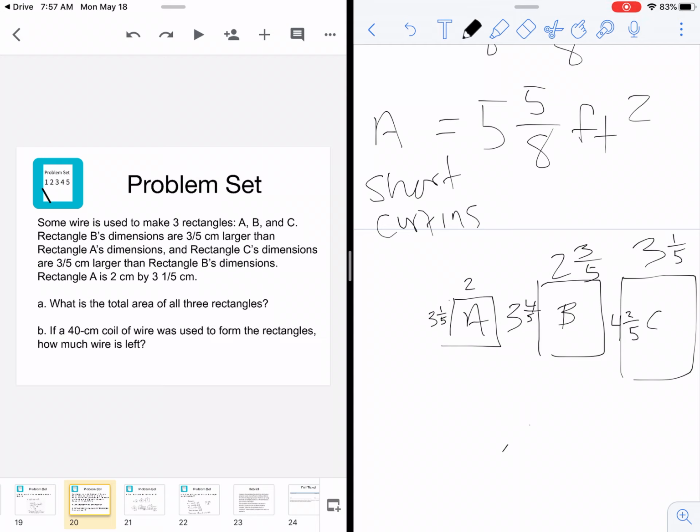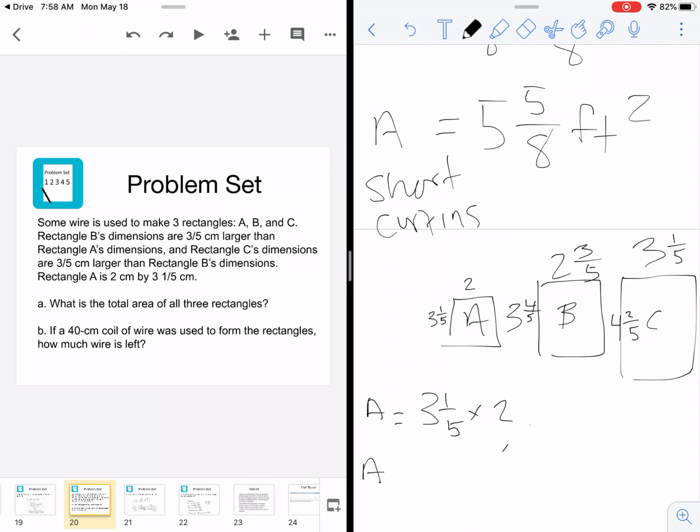So now we have to find the area, you guys. So here's A. We have 3 and 1/5 times 2. 3 times 2 is 6, and 2 times 1/5 is 2/5.